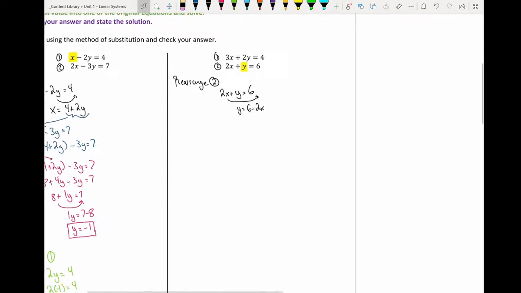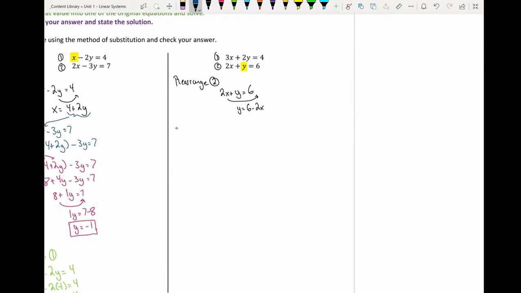Next, make sure I get my colors right. So next, I'm going to sub into equation 1. So I have 3x plus 2y equals 4. 3x plus 2, and now instead of y, I'm going to put my rearranged equation.